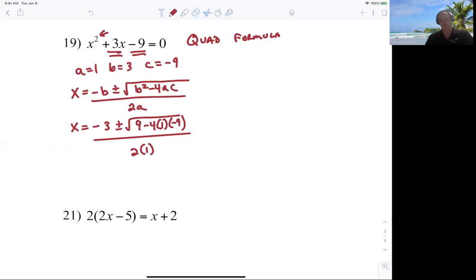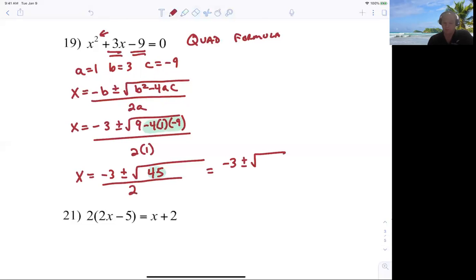All right, now we're going to go ahead and simplify. X equals -3 plus or minus... this right here is 36. 36 plus 9 is 45, all over 2. However, 45, if you recall, has a perfect square, so I'm going to review that with you. -3 plus or minus the square root of 9 times 5.